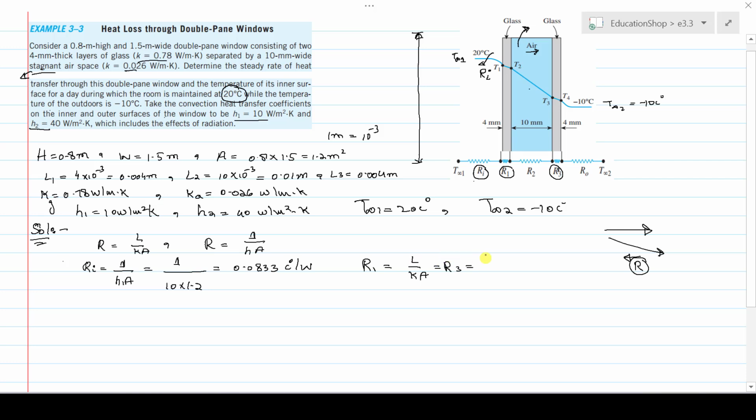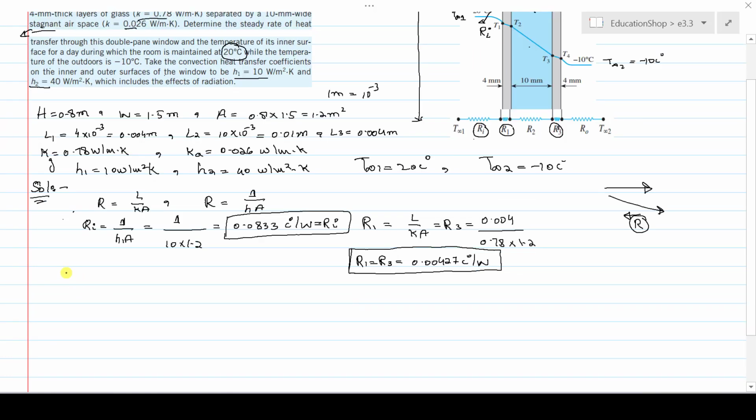What is the L value? That is 4 mm thickness, and 4 mm in meters is 0.004, divided by the thermal conductivity of the glass, that is 0.78, and the surface area, that is 1.2. Solve this on calculators. You will get the R1 and R3 value, it is 0.00427 centigrade per watt.